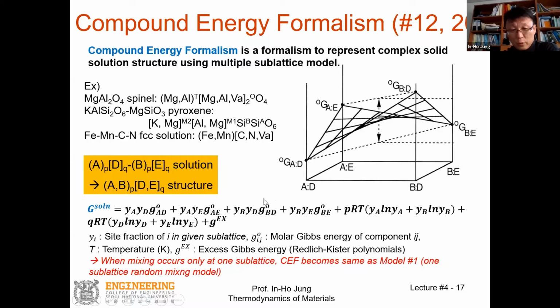However, you don't know this Gibbs energy and this Gibbs energy. So these two are already model parameters you can play with. And then you have the excess parameter. So you have a little bit more flexibility in the thermodynamic modeling, and it is a little bit complex because of that.